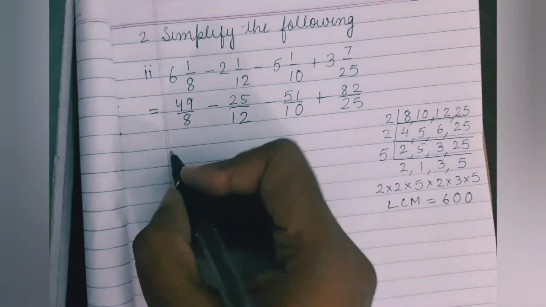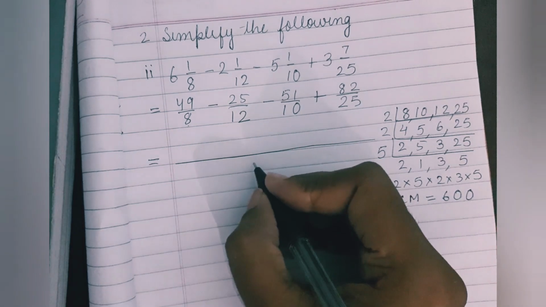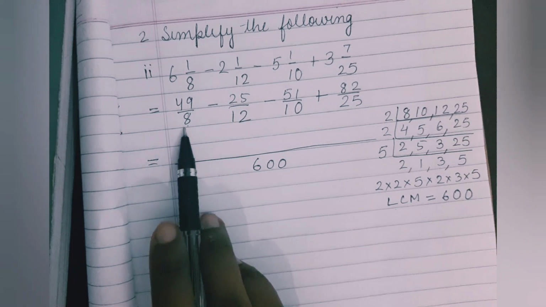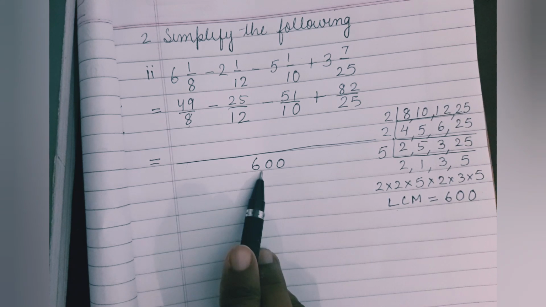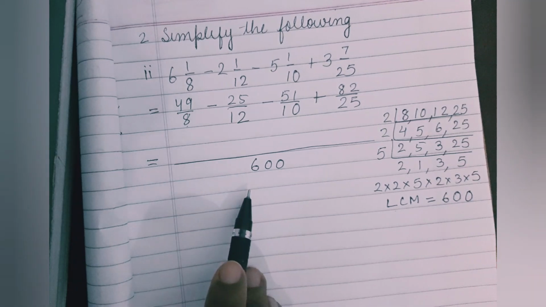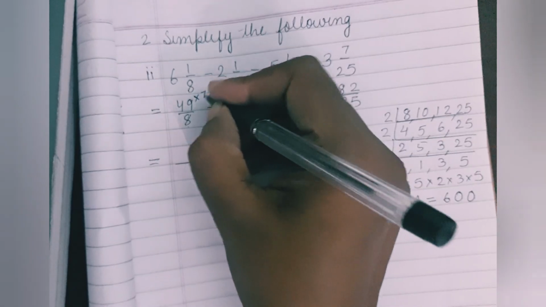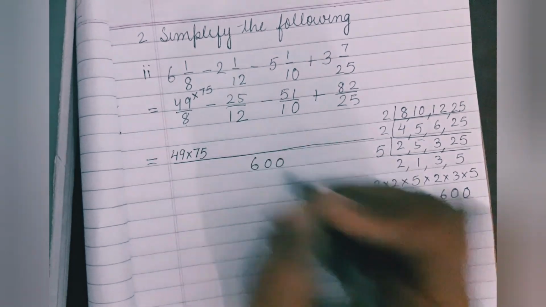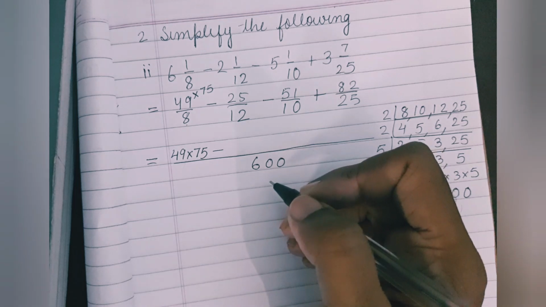Now next we can draw a line here. Now you can write here 600. Now one by one you have to check how many times 8 will go in 600. It will come 8 75s are 600. So 49 into 75. Here 12 how many times in 600, means 50 times.